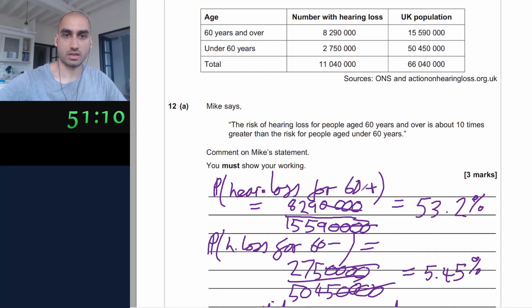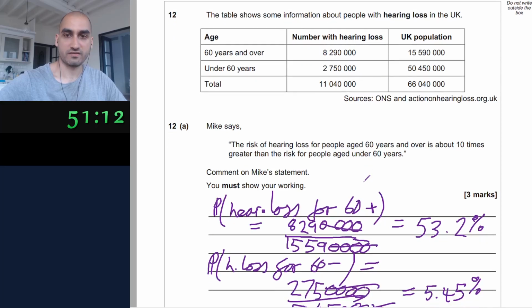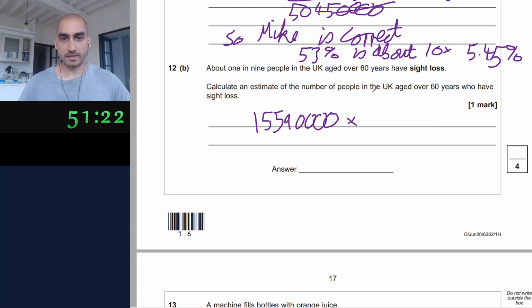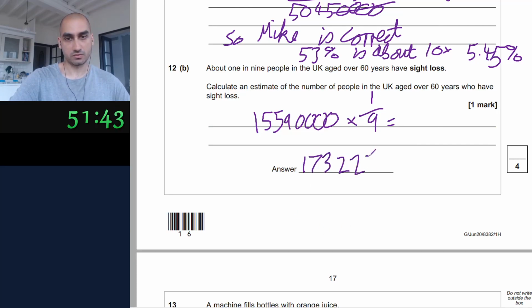Over 60 in the UK is 15,590,000. 15,590,000 multiplied by 1 in 9 equals 1,732,222.